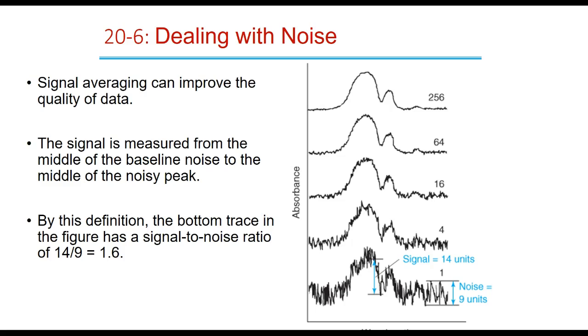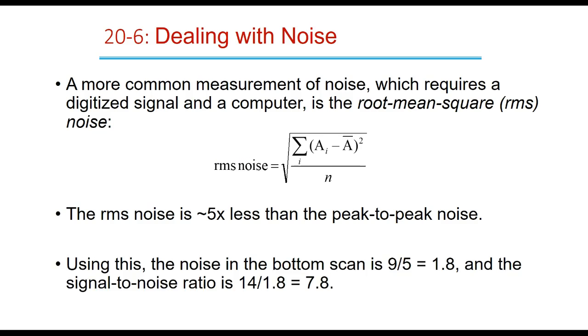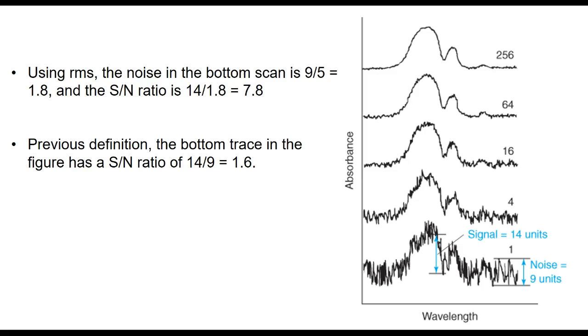Let's go back and look at that. Remember that bottom one with just the one spectral scan, that's noise. I don't feel comfortable calling that a signal. But if we look at this equation and we do the math, we're getting real different values here. Exactly. What? Well, here's the thing.